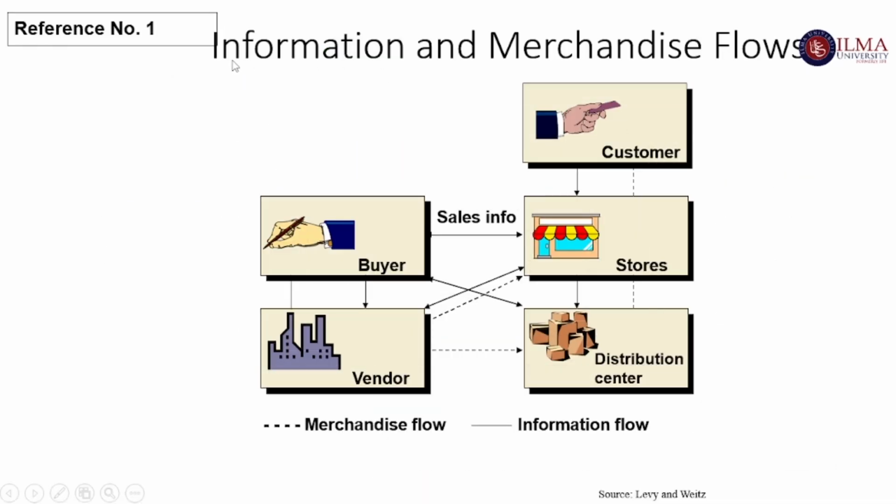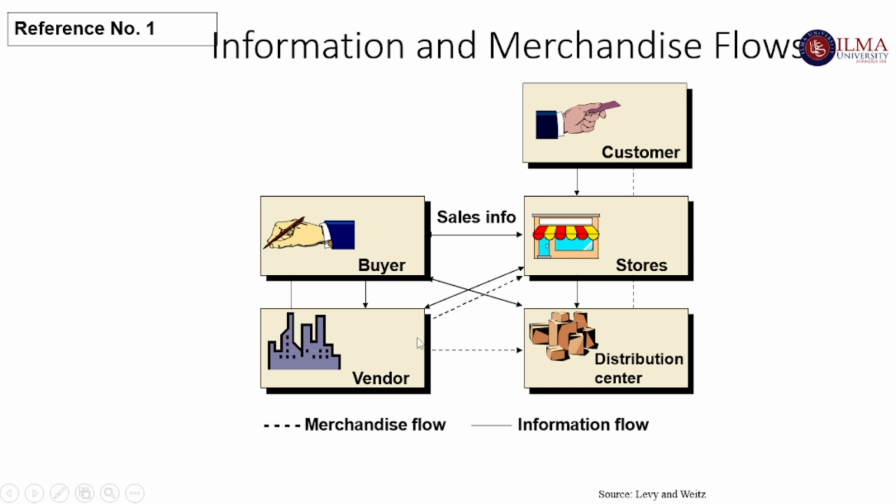Okay, this is the simple chart. For example, the buyer buys the thing from their distribution center, or from the store, or from the vendor. The buyer has a choice. He can buy directly from the vendor, or from the distribution center, or from the store.